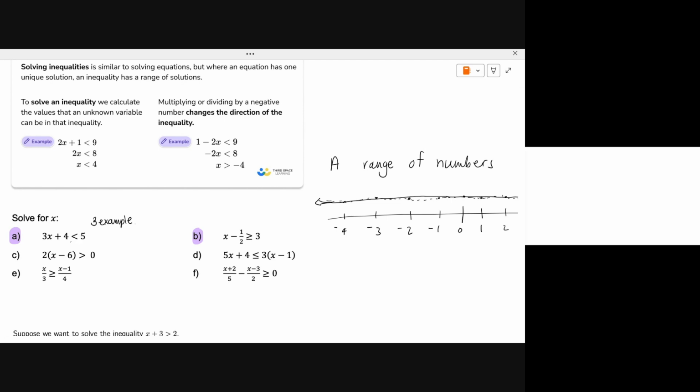In A, the numbers will be less than whatever that is. And in B, we're looking for numbers that are greater than or equal to, and we'll talk about the greater than or equal to in just a second. I also want you to give me 3 examples of numbers that are greater than or equal to the answer. I just want to make sure everybody understands what we're doing. Thumbs up. Does everybody understand?